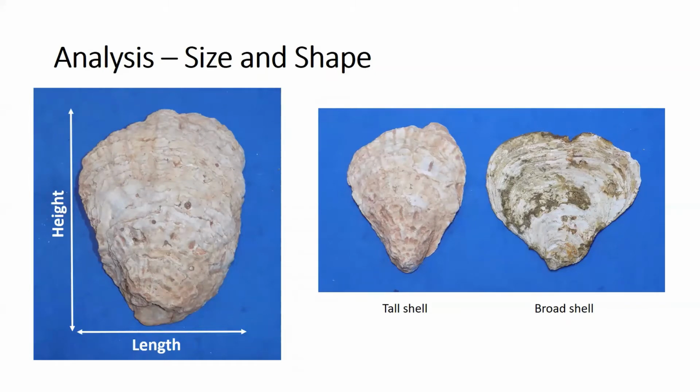So therefore the adaptation is the shell broadens itself to increase its surface area. So using these, we can start to build up a picture of the location the shell was growing in, and again, differentiate between shells from different areas and also from different oyster beds.